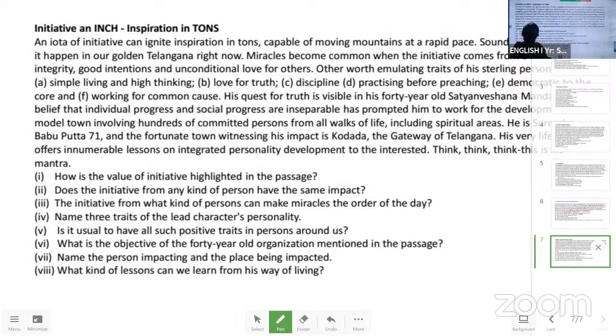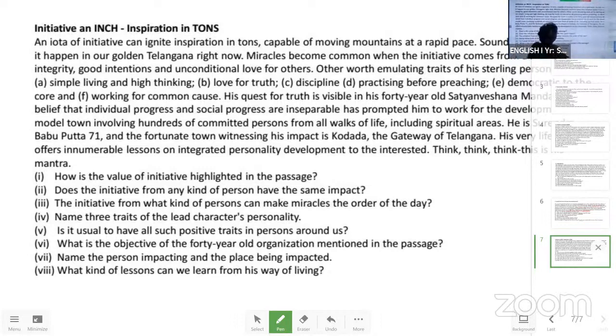An author of initiative can ignite inspiration in tons, capable of moving mountains at a rapid pace. Sounds incredible, isn't it? See it happen in our golden Telangana right now. Miracles became common when the initiative comes from a man of integrity, good intentions, and unconditional love for others.